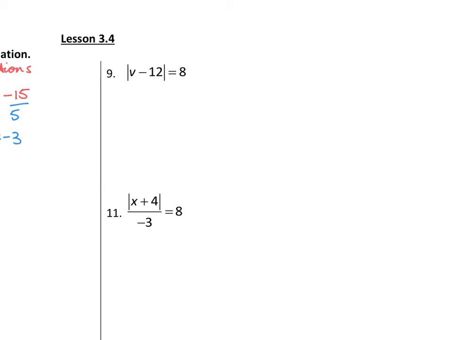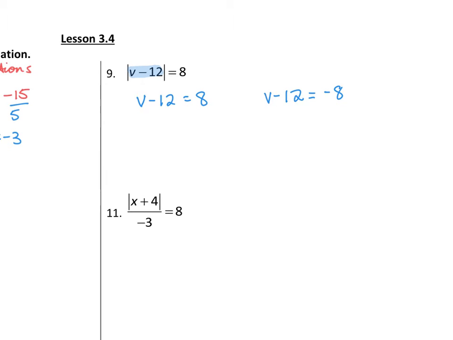For number 9, some of the same. Take a look at it. There's nothing outside the absolute value, so we can go ahead and do our break apart. I've got v minus 12 equals 8, that positive direction to the right, or v minus 12 is going to equal negative 8, going in that negative direction.